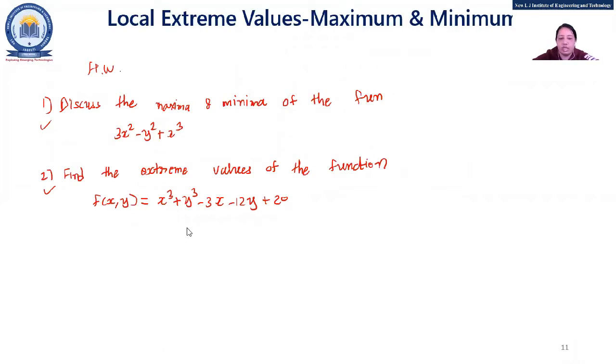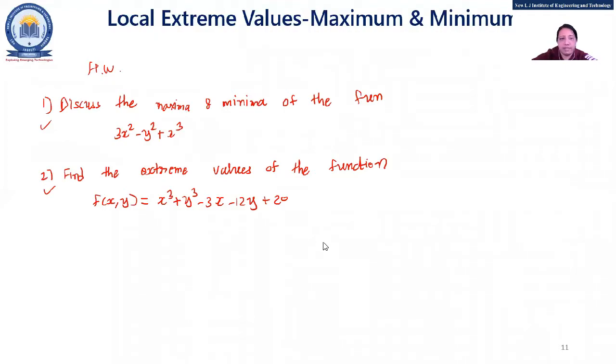Fine, no problem. Just take a screenshot and you can solve it by today itself. Many students have solved this. They are from the book only, so you can verify your answer from that.